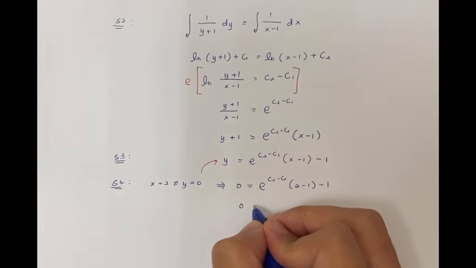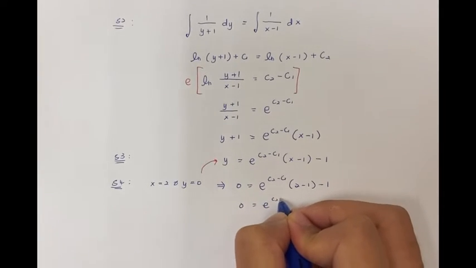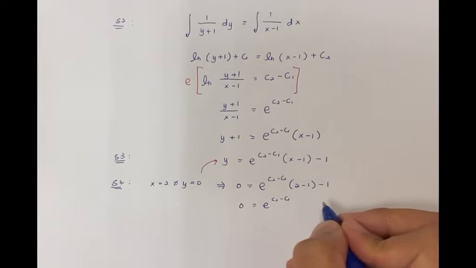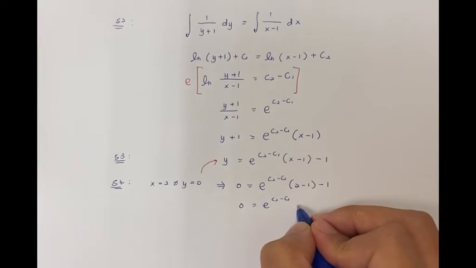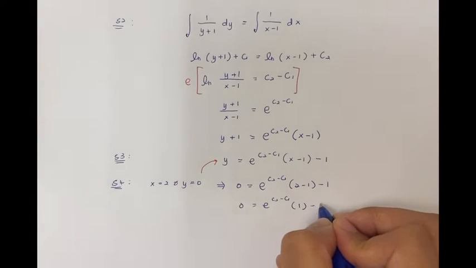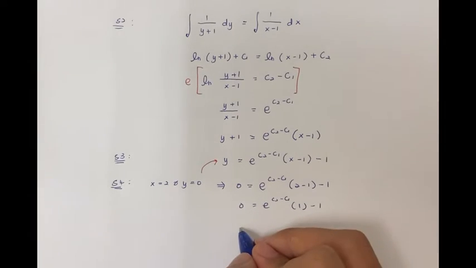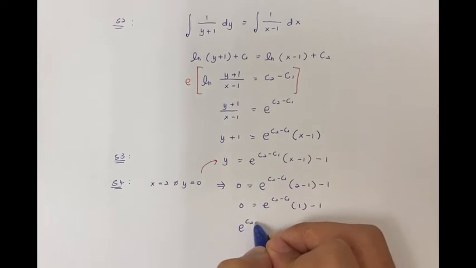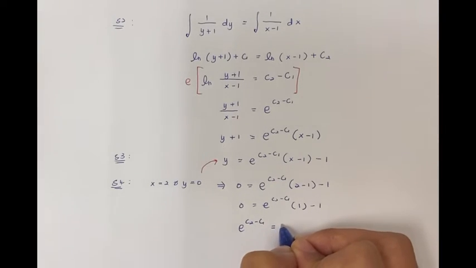So 0 equal to exponent c2 minus c1, 2 minus 1 is 1, minus 1. So exponent c2 minus c1 is equal to 1.